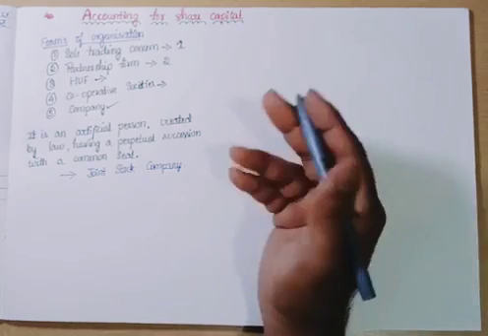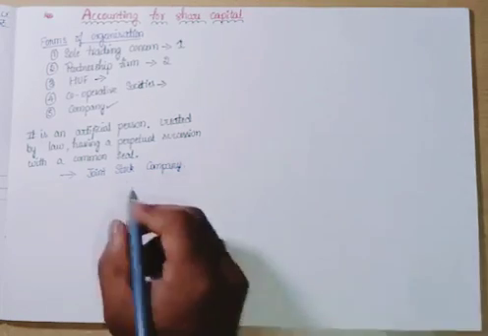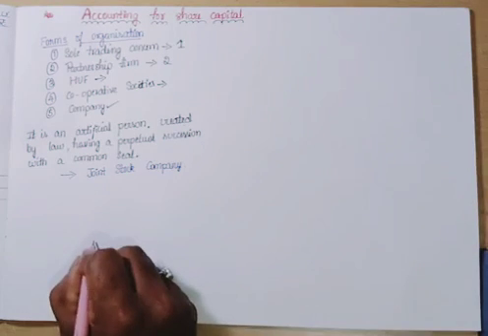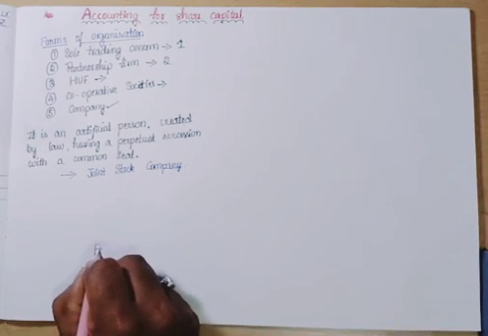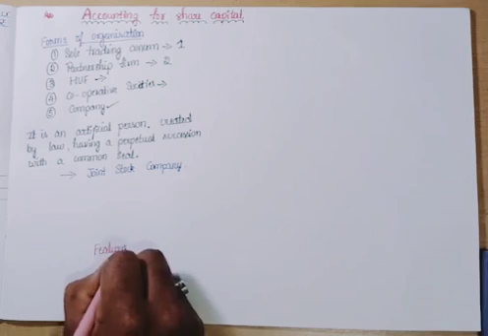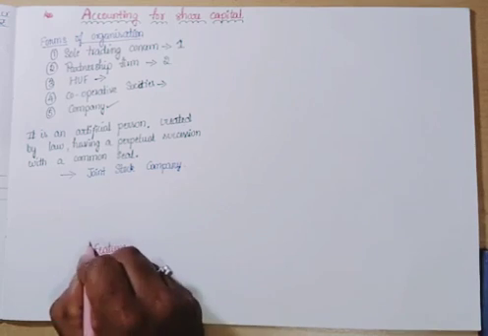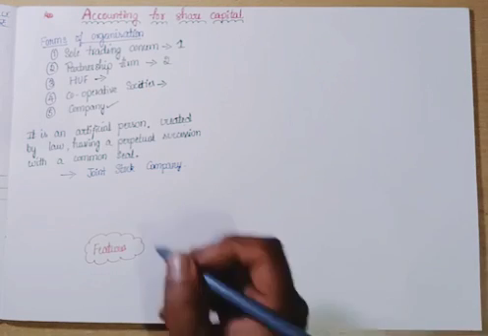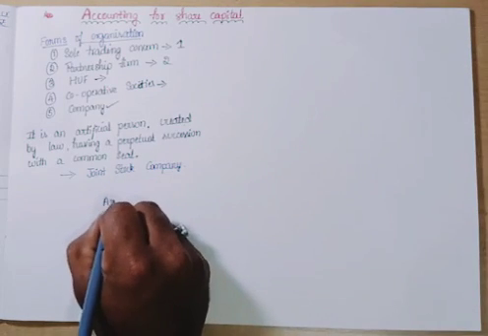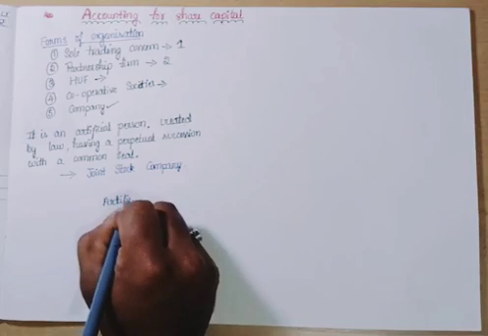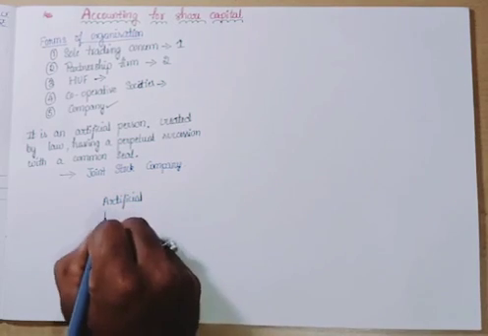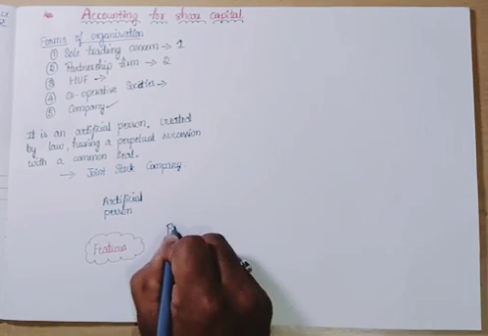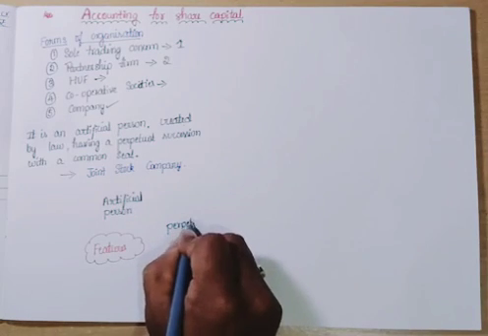Then let us see the various features of joint stock company. What are the various features of a company? First one is that it is an artificial person. Second one is perpetual succession.